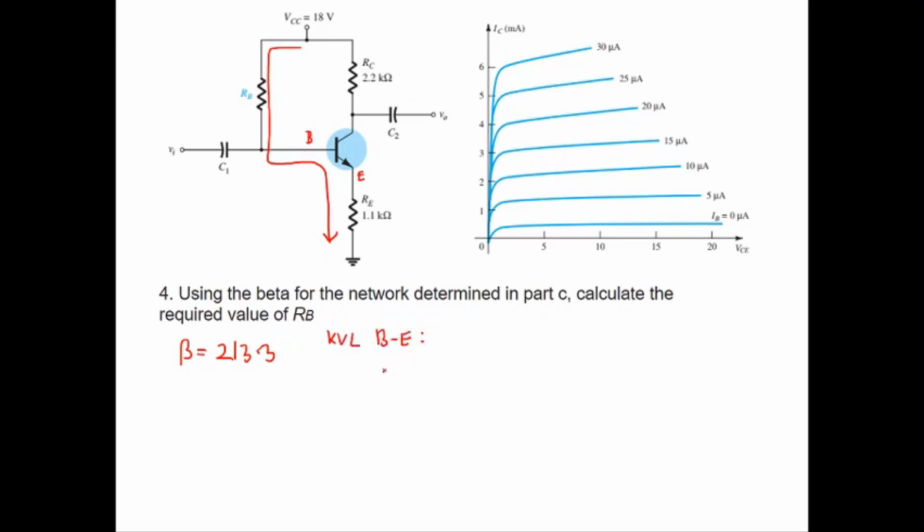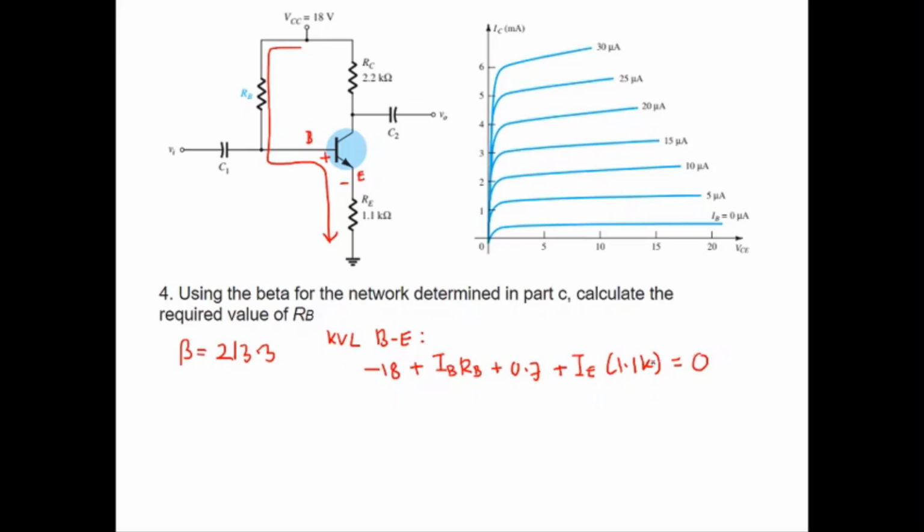So the KVL is minus 18 plus the current at the base, IB times RB, and then the voltage drop at the base emitter is 0.7, and then the voltage drop at the RE is IE times 1.1K equal to 0.